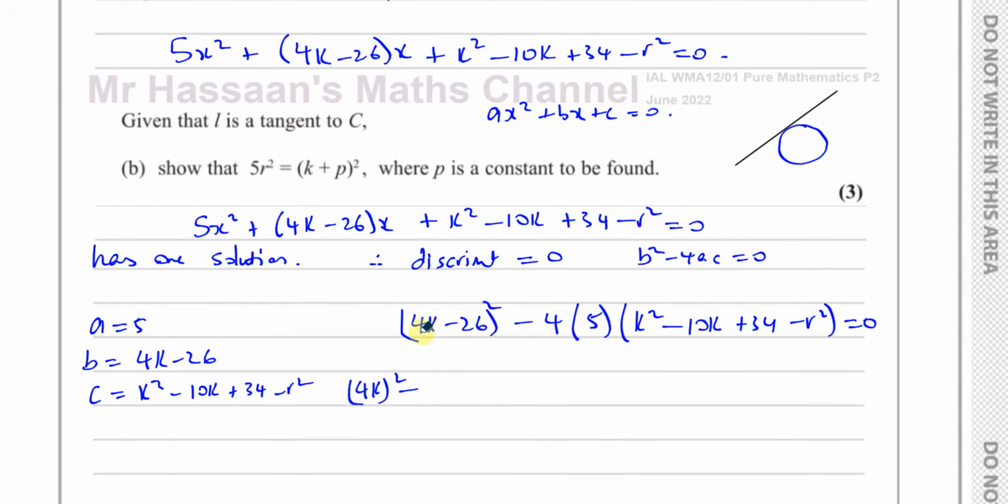This is using the pattern of a squared bracket. And I'm going to have plus 26 squared because it's going to become positive. So you square the first term, there's a minus, and I do 2 times the first term times the last term, and then I square the last term. Minus 20 times k squared minus 10k plus 34 minus r squared equals 0.